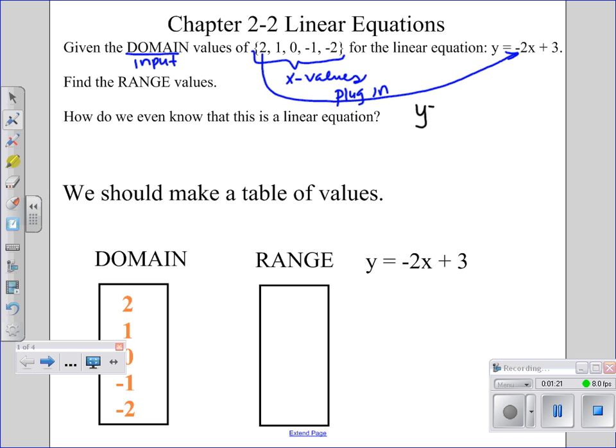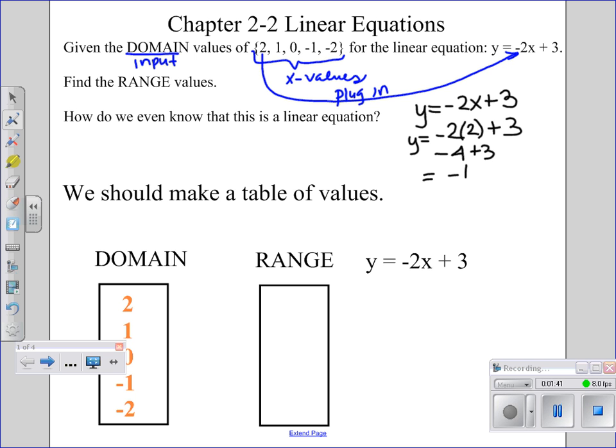So we're going to end up with y equals -2x plus 3. And we're going to do it for when x is 2. And so -2 times 2 is -4 plus 3.